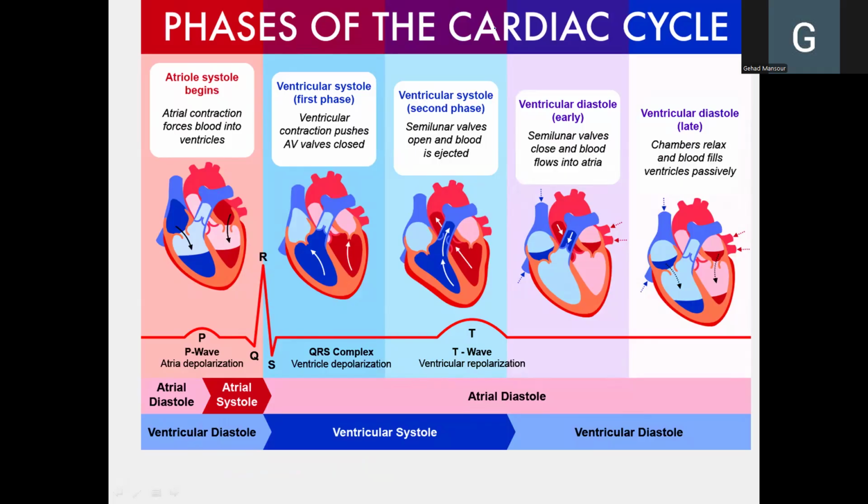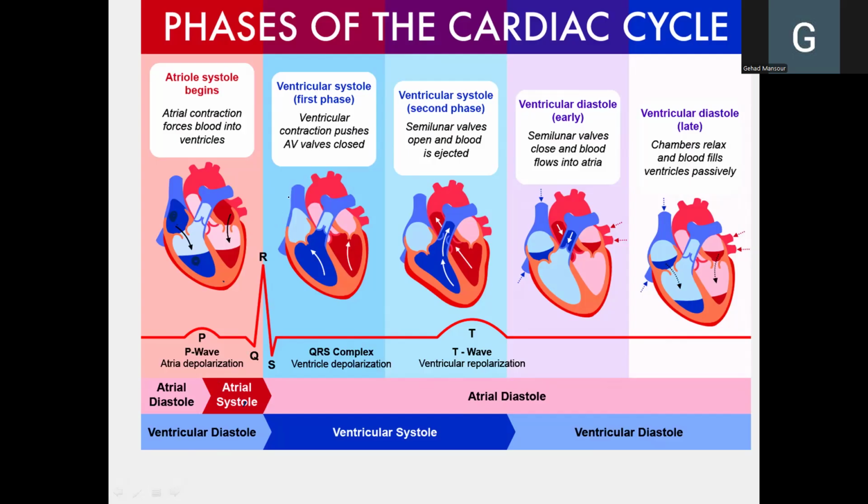I promised you that I wouldn't ask you about what happens during the phases, but there are items that we have already covered, like, for example, when does the blood pass from the right atrium to the right ventricle? It passes during atrial diastole and during ventricular diastole at the beginning. And then the ventricle continues to relax while the atria begin contraction.